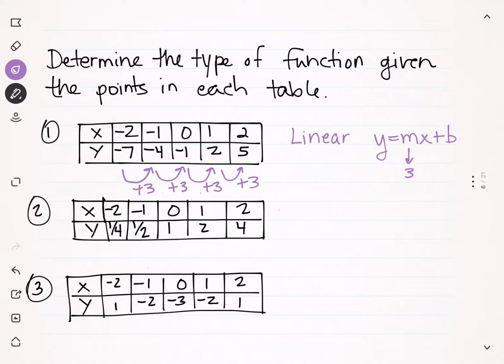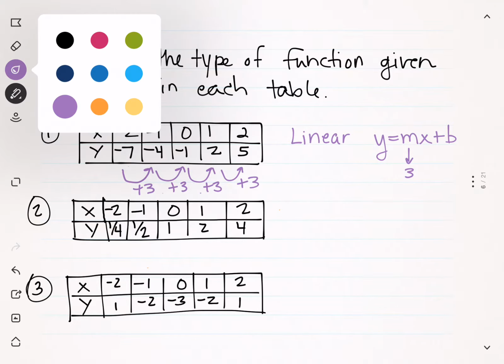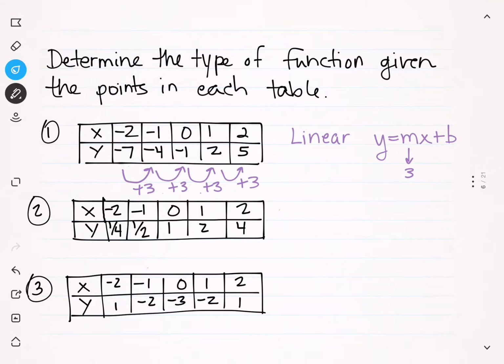On number 2, just looking at the outputs, what is the pattern? How can I get my y values given a previous y value? So if you look at 1/4, I could double that, or times it by 2, to get a half. Or 1/2 times 2 gives me 1.